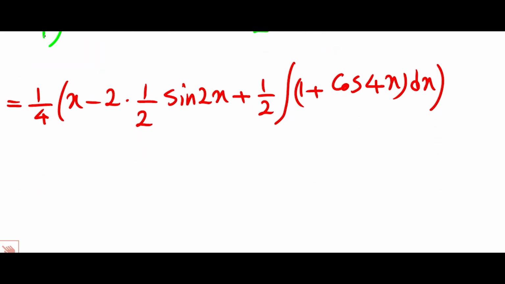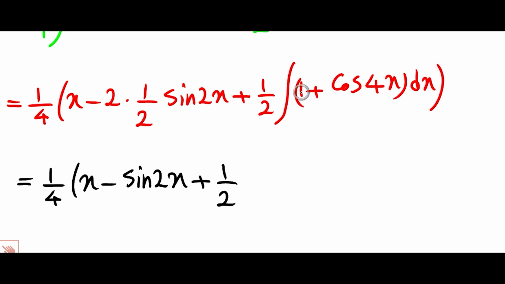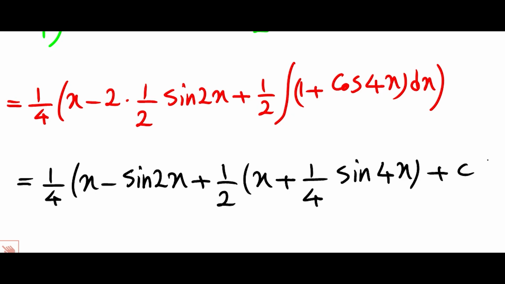So we have 1/4 times x minus 2 times 1/2, which equals 1, so we have sine of 2x, plus 1/2 the integral of 1, which equals x, plus the integral of cosine 4x, which equals 1/4 sine of 4x plus c.